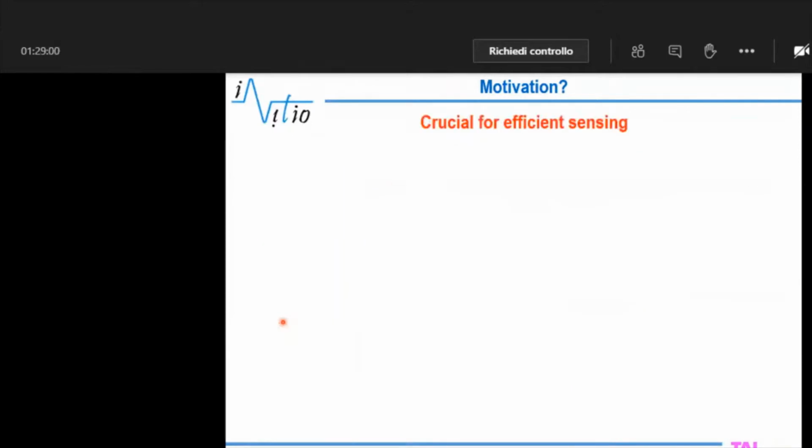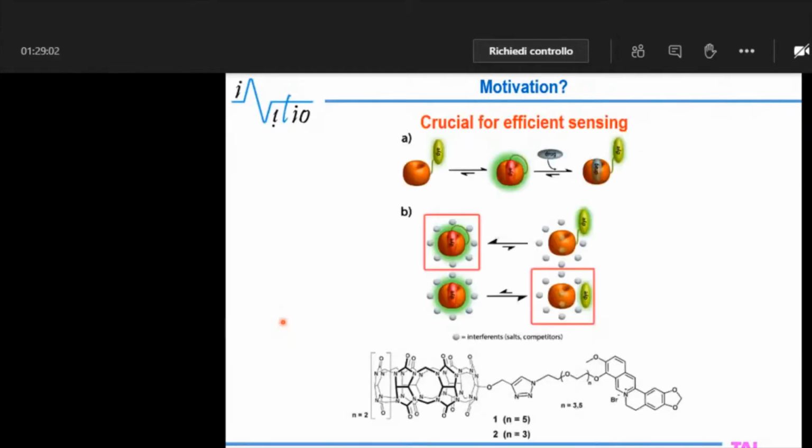And I will show just an illustration of this, why it's crucial for efficient sensing, from one of the very recent literature examples, which was published a few weeks ago. In this representative example, the cucurbituril molecule was covalently linked with a dye, and it was beneficial to make an efficient sensor for some drug molecules.